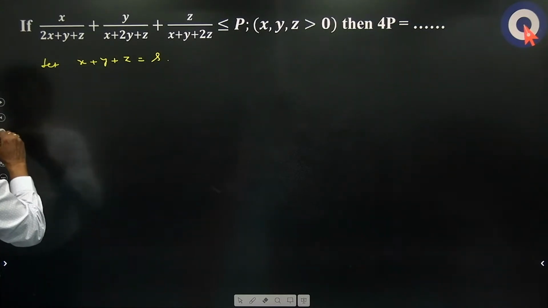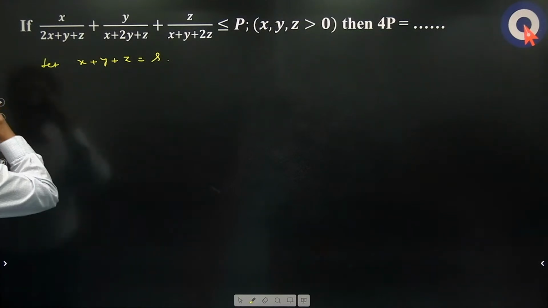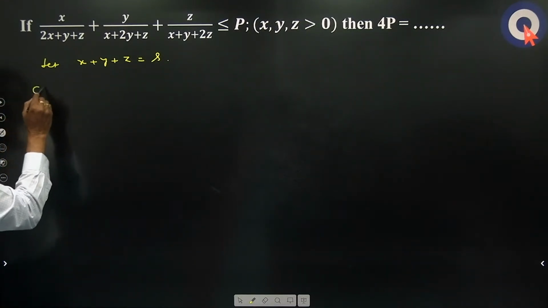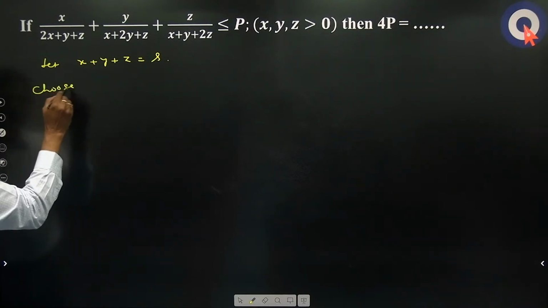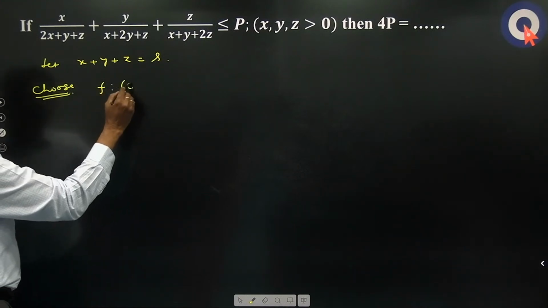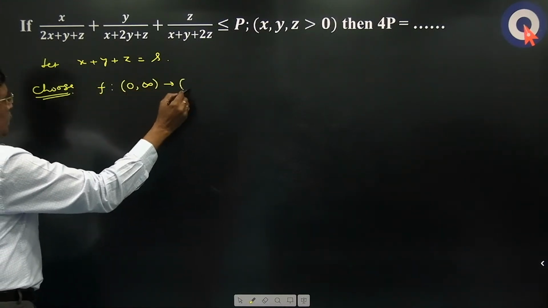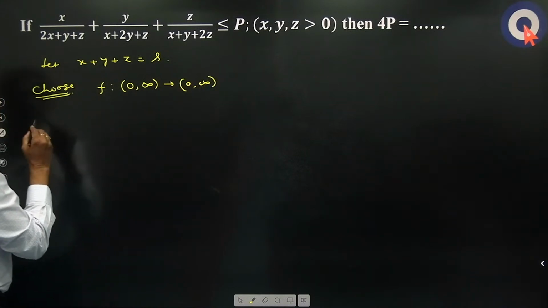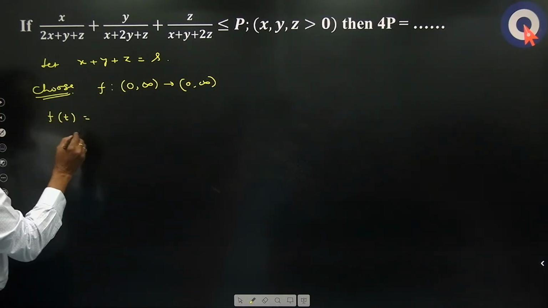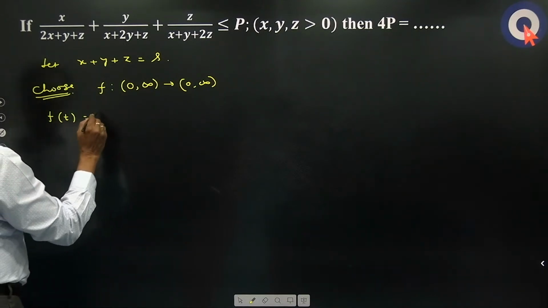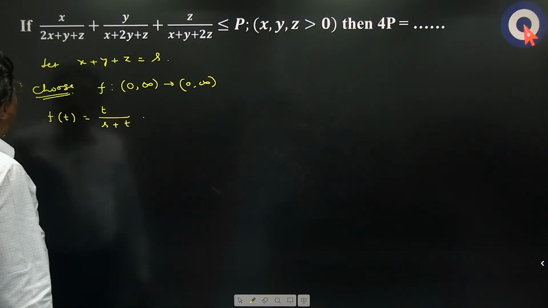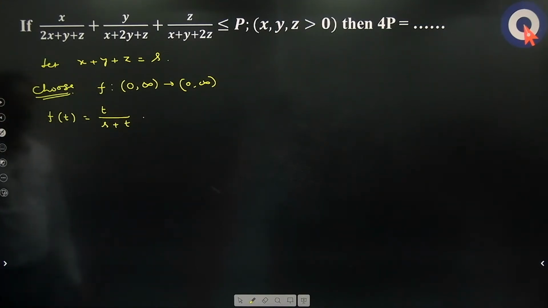I will now choose a function. Now this is one most important thing. Choose a function f mapping 0 to infinity to 0 to infinity such that f of t is equal to t by s plus t. I am just choosing a function f of t is equal to t by s plus t.